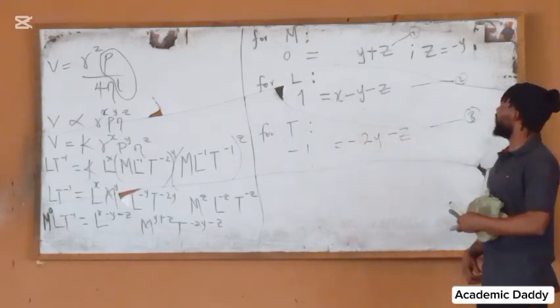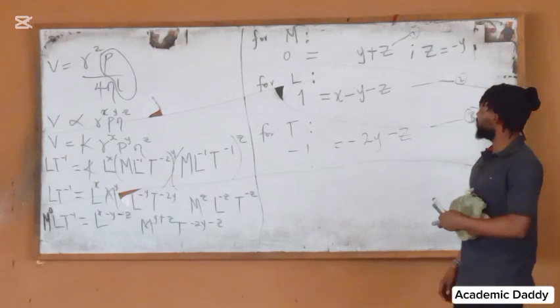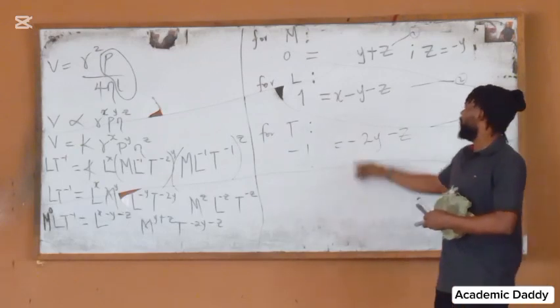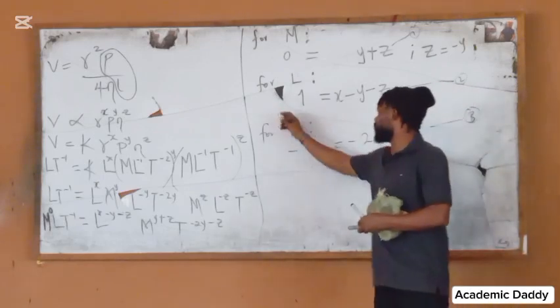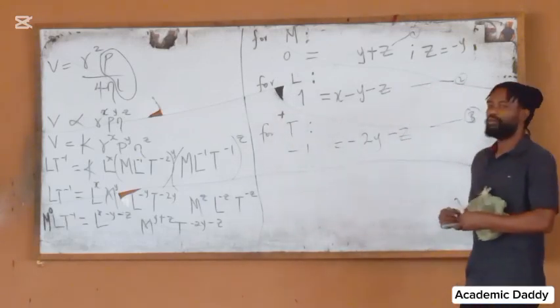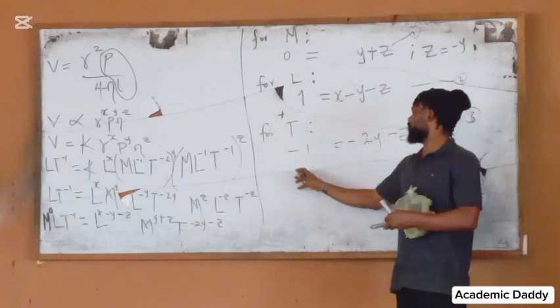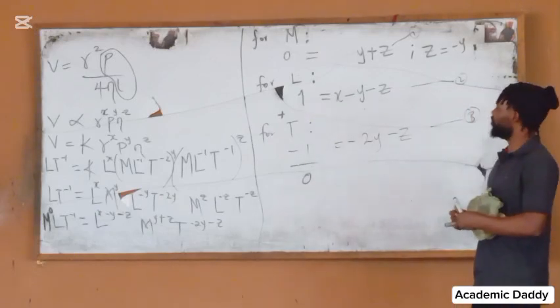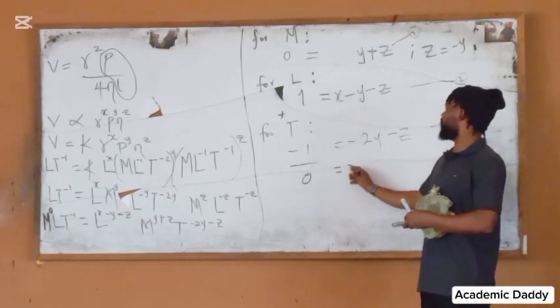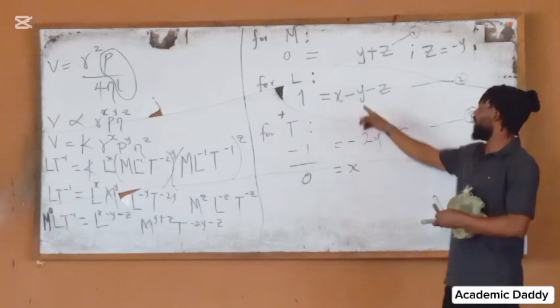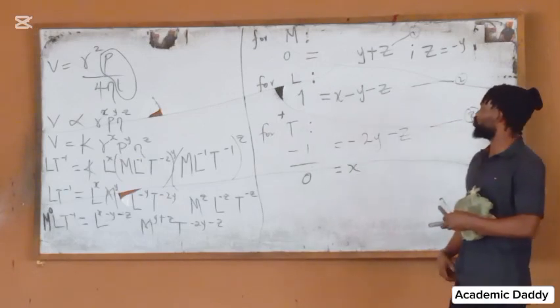If I'm adding them now, what am I having? Yes, now I can add if I want. So let's do it. Let's do 1 minus, that is 1 plus minus 1. What am I having? 0, Shebi? Is it not true? Then, I don't have anything for x. Let me just bring my x down. Then, minus y plus minus 2y.